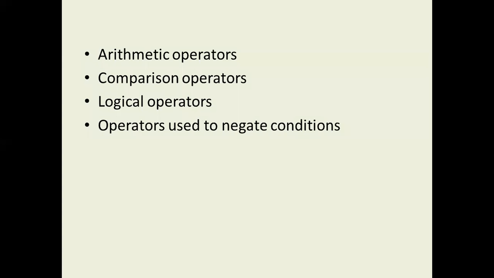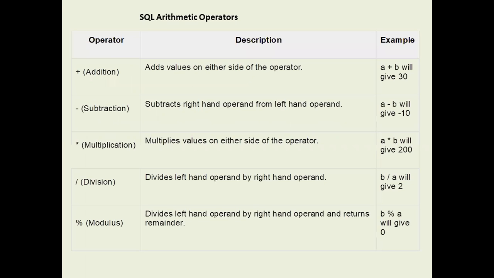Comparison means equal to, not equal to, greater than, less than, greater than or equal to, less than or equal to. Next, logical operators mean and, or. And the operator used to negate conditions means not.